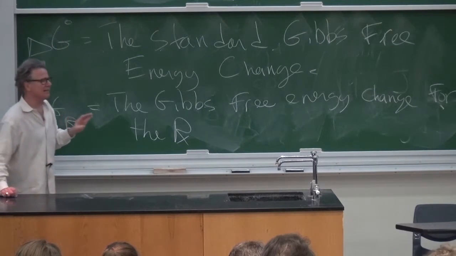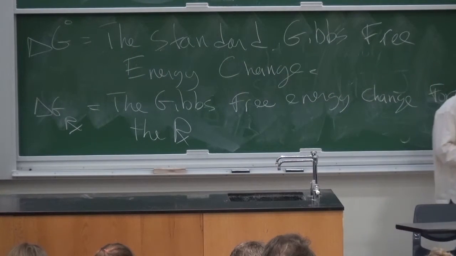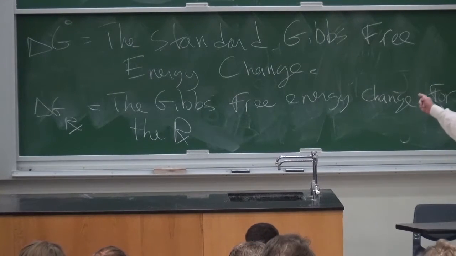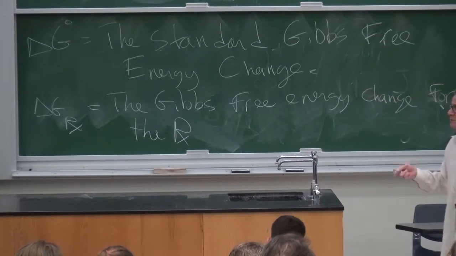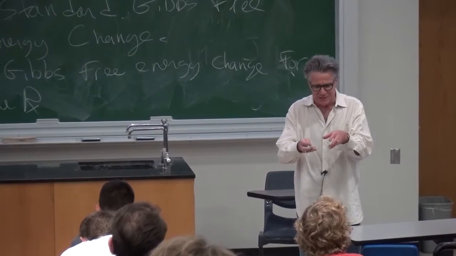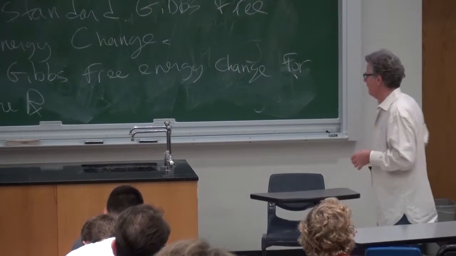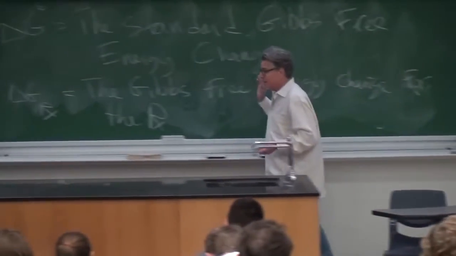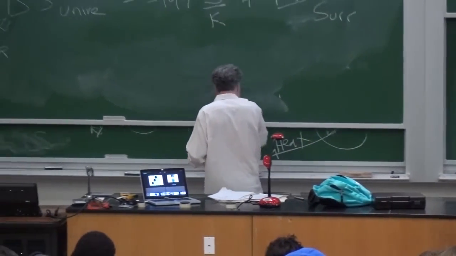The one without the naught says, you set this up, any pressure, whatever, you get delta G for that reaction. The naught one simply says, let's make everything in a standard state, at a standard temperature, standard pressure, standard. Now, it is the ultimate arbitrary.